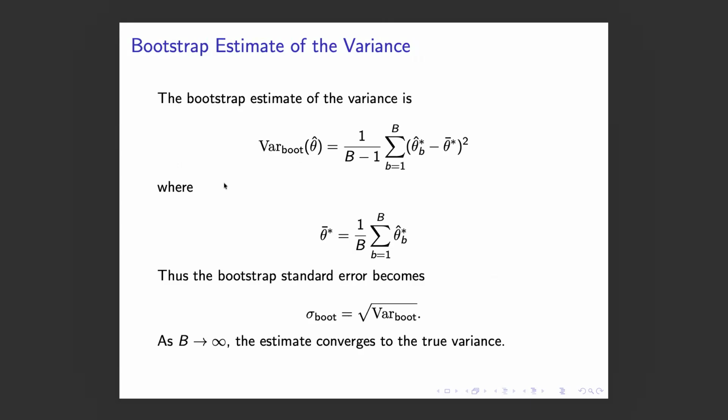And typically, the bootstrap estimate of the variance is given by, if these are the mean values of each experiment, this is what we will set up. The bootstrap standard error then becomes simply the square root of this variance. And as B goes to infinity, the estimate converges to the true variance if you have independent values.